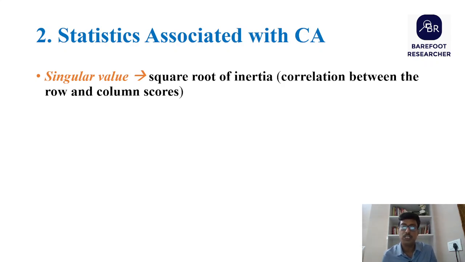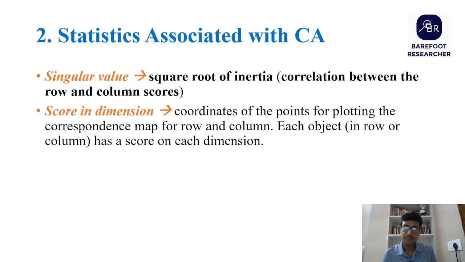If we take the square root of inertia, that gives you the singular value, and it represents the correspondence between the row and column scores. And we need dimensions because we need to plot brands, in our example, or maybe the personalities, in a two-dimensional plot. For a two-dimensional plot, we need an x coordinate and a y coordinate.